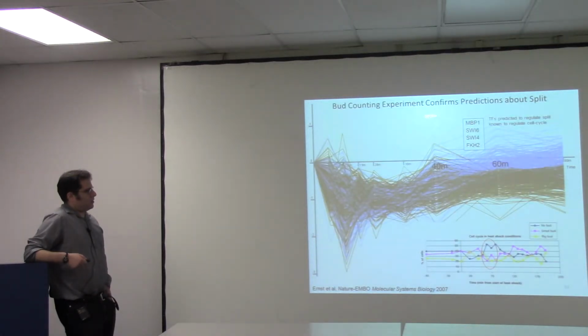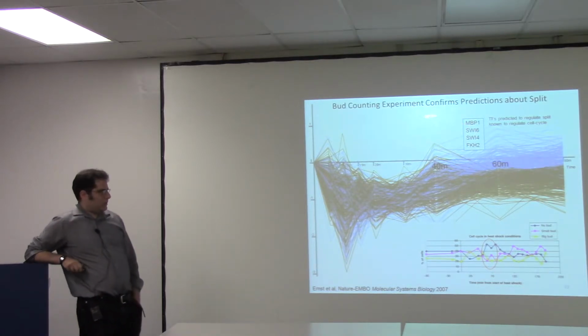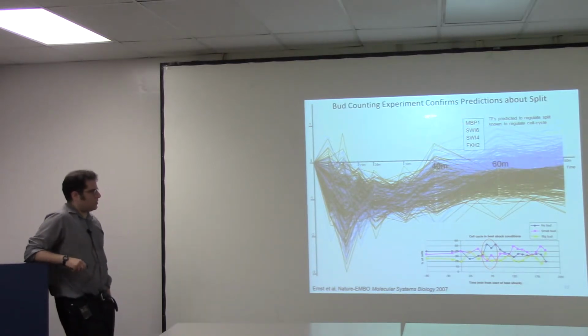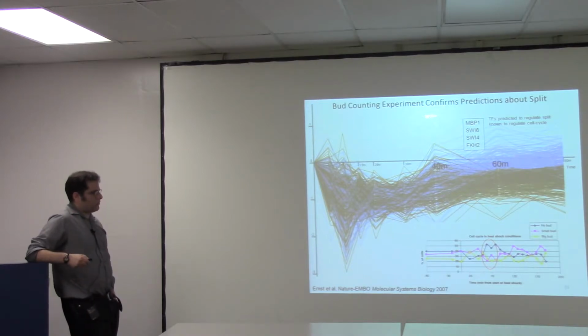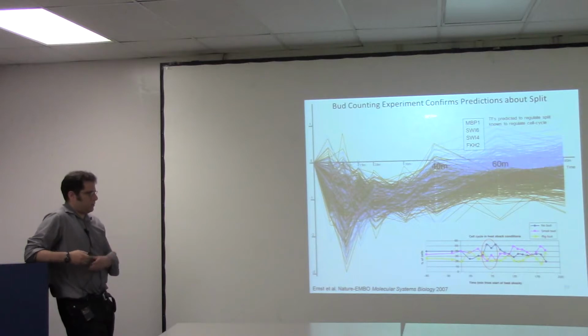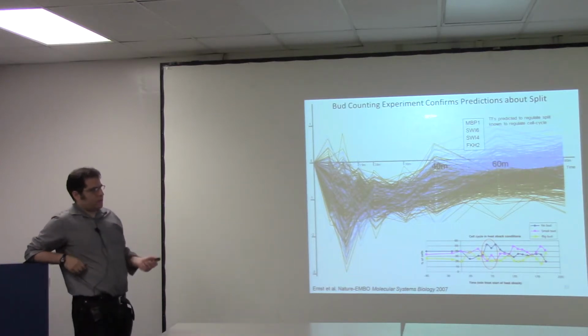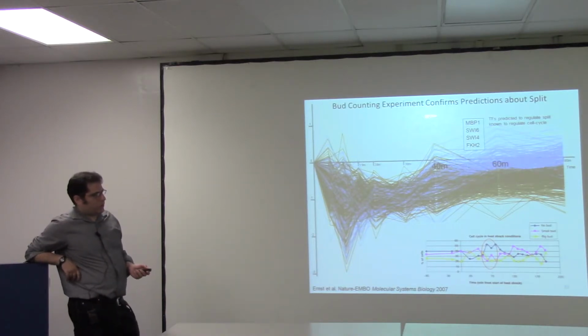And now, if you're familiar with the yeast transcription factors, this is a known regulator of the cell cycle in yeast. And it turns out that this has to do with a synchronization of the cell cycle in response to stress and stress recovery.